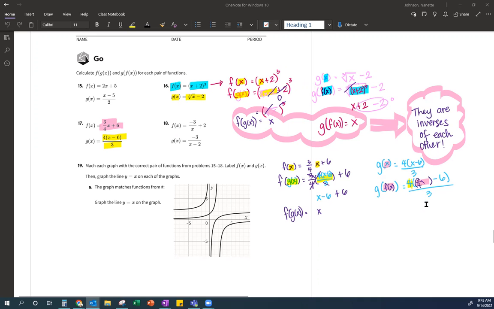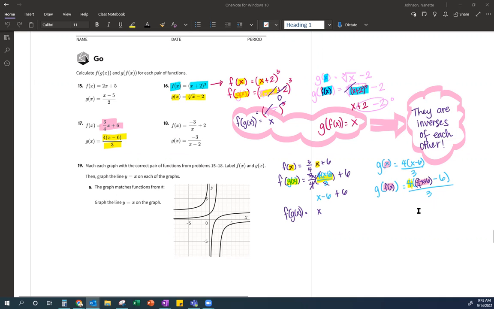Again, don't go cancel crazy, right? Your plus 6 and your minus 6 don't get to play together because this minus 6 is outside your parentheses, and the plus 6 is inside the parentheses. So in order for it to come out of the parentheses, you need to get rid of that multiplication there, right?